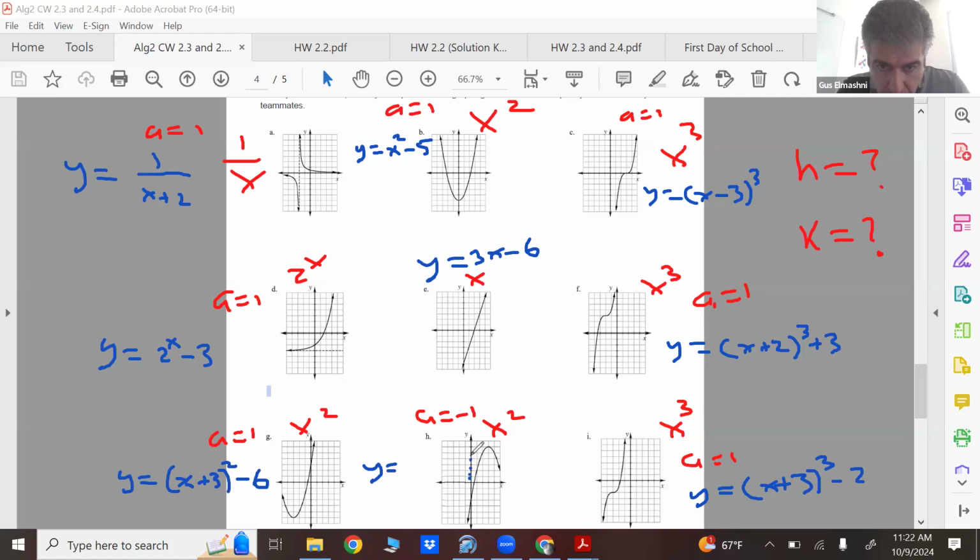Is h the x or the y value? h is x. Oh, no, yeah, it's going to be the original equation. I'm sorry. All right, I got them all.